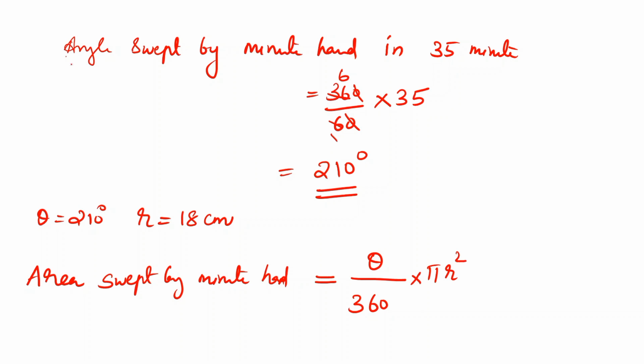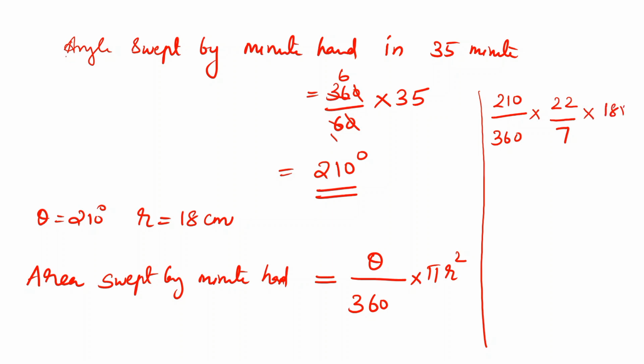Theta is 210 divided by 360 times pi, you can write 22 divided by 7. It will be easy for you for the calculation. R square is 18 square.